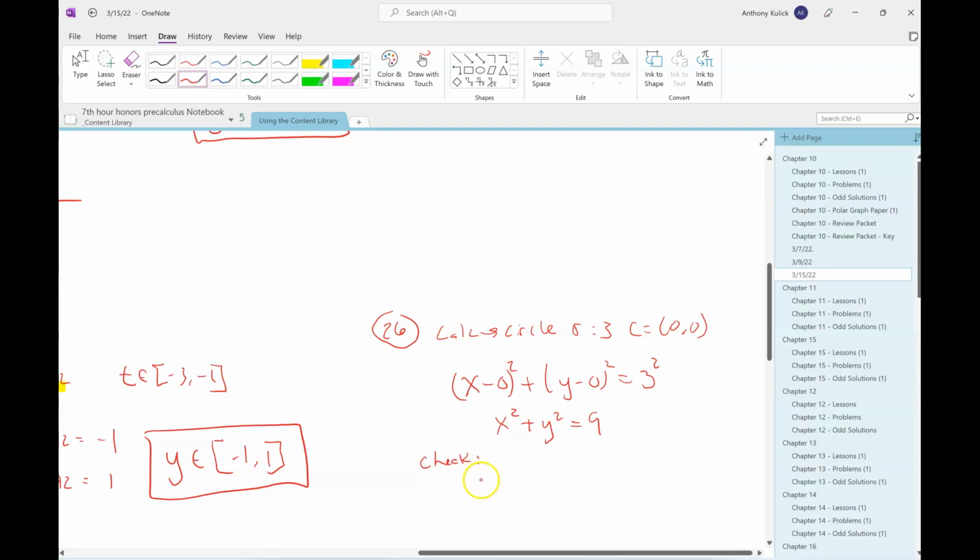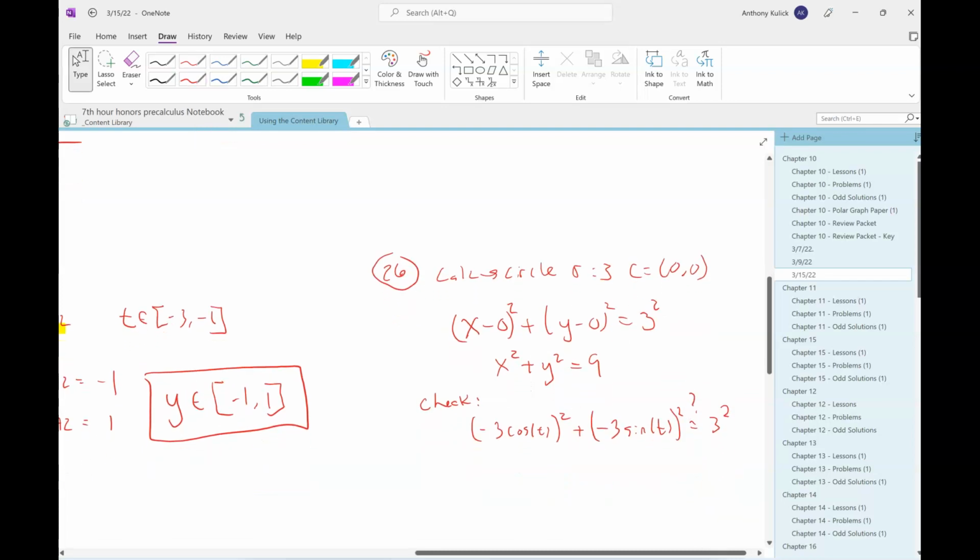We should check this using our parametrics now, though. So I have negative 3 cosine t was my x function or equation, and then negative 3 sine t was my y equation. And we want to see if that does indeed equal 3 squared.